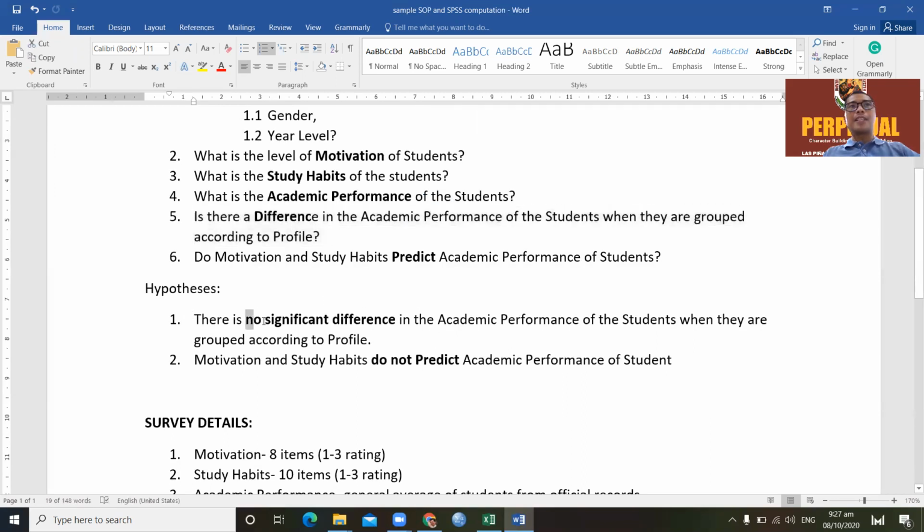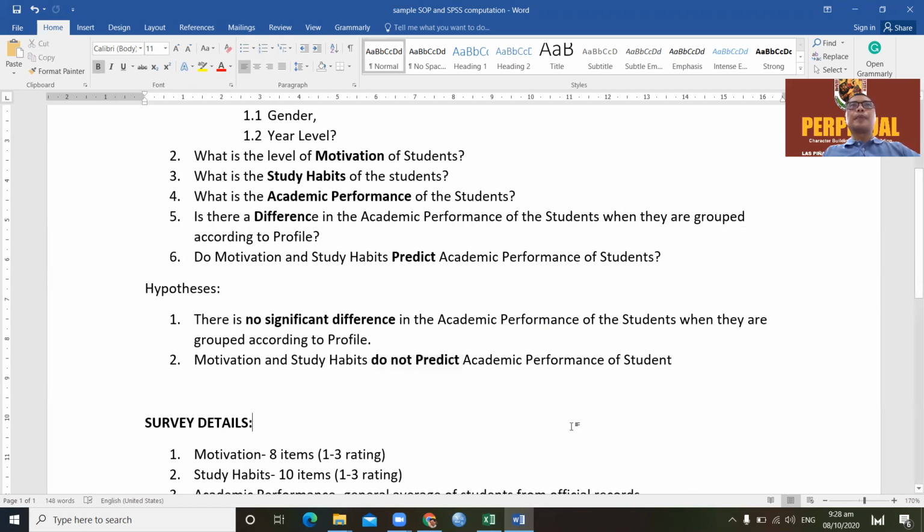Null means there is no. Another hypothesis, corresponding to your SOP number 6: motivation and study habits do not predict academic performance of students. So you only have two hypotheses that you need to answer statistically, whether you accept or reject the null hypothesis.